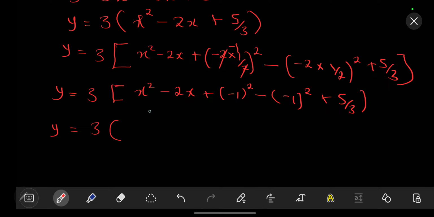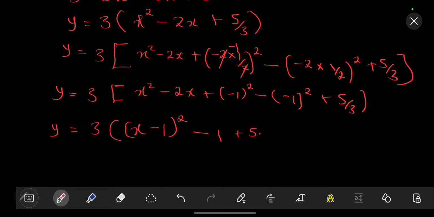So we are going to collect the like terms, the ones that have got squares, like the one that is being added. So we have x minus 1, then the square is common, so we have that. Then we have minus, and what is negative 1 squared? This negative 1 squared is positive 1 times the negative 1 outside, which will be negative 1.